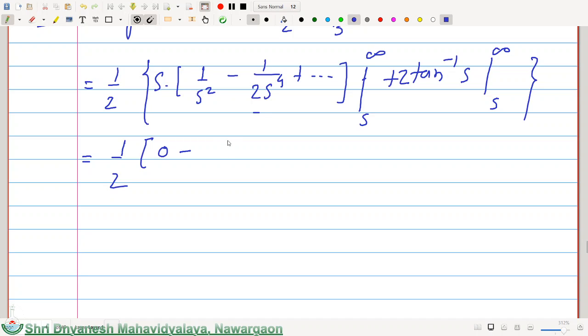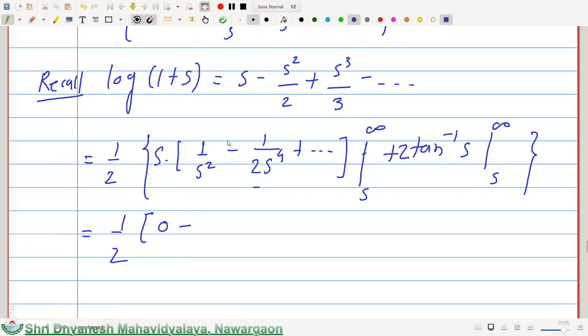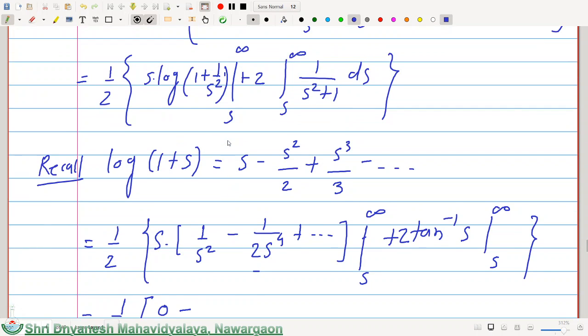This will be s into log of 1 plus 1 by s square. I'm not writing this whole expansion.